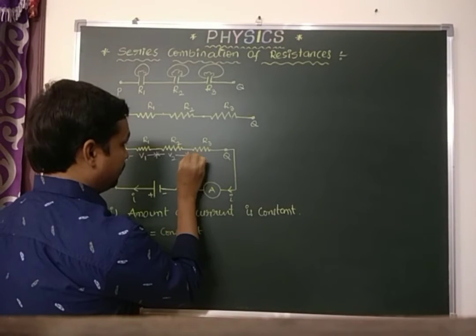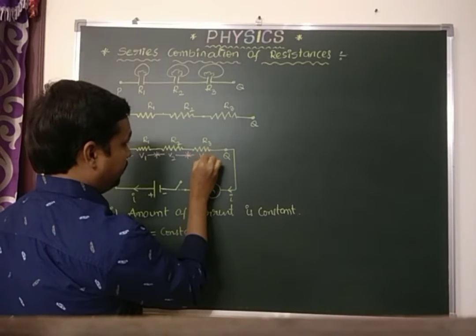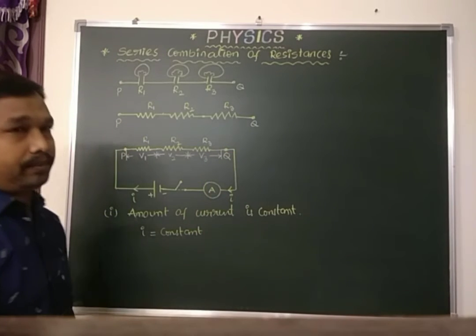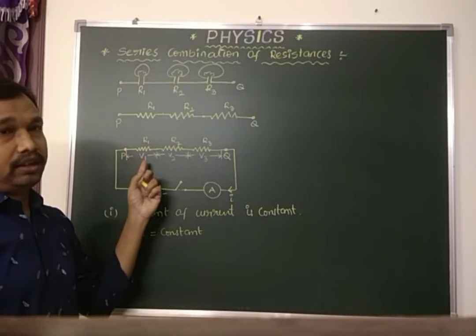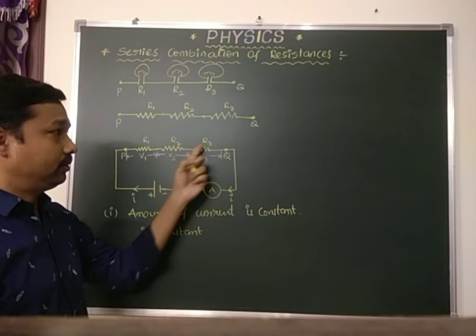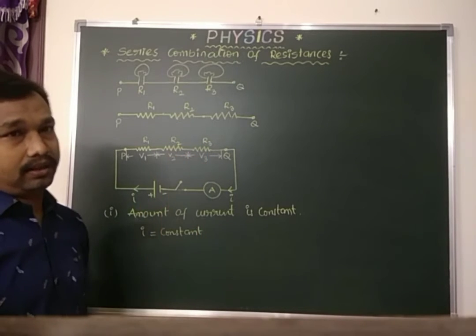Similarly, V3 is the potential difference across the resistance R3. You can find the potential difference across the resistance R1, across R2, across R3.